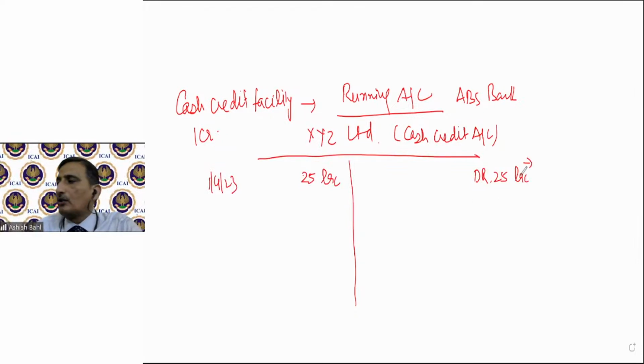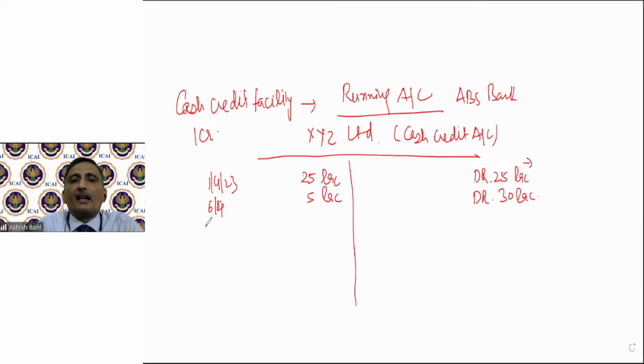So in the books of the bank, the amount would be 25 lakhs. Say now another supplier has to be paid, say on 6th April, 5 lakhs. So the advances in the books of the bank would now be 30 lakhs.